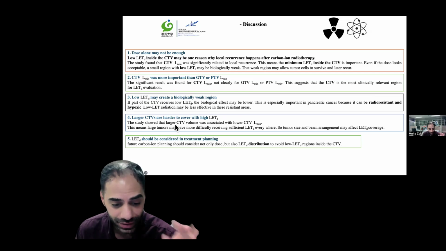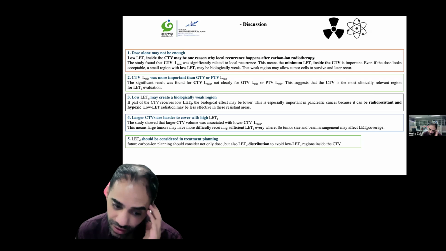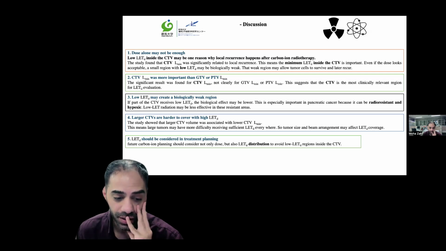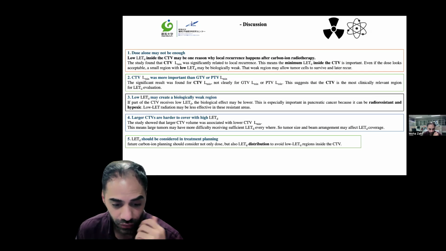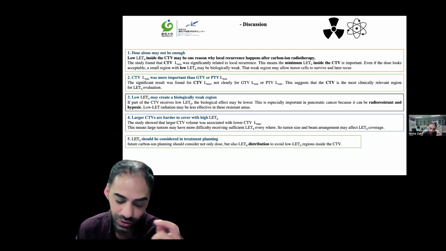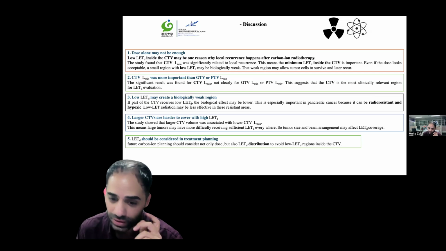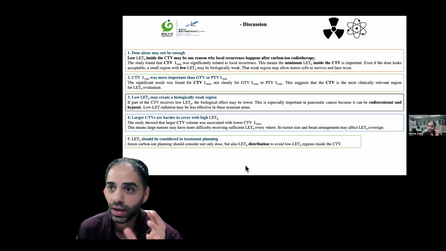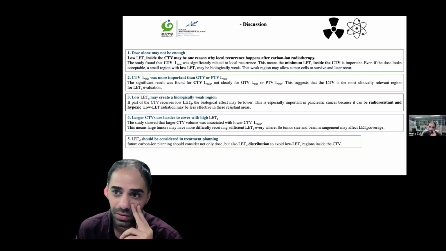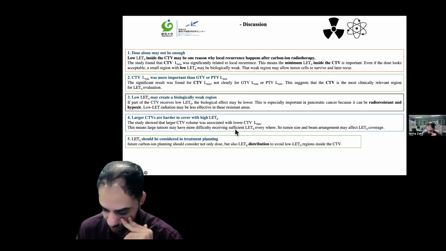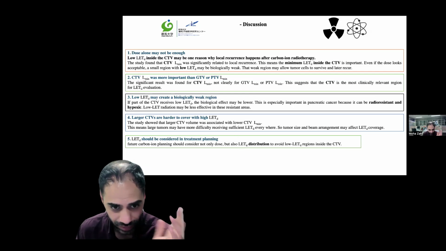Finally, this study suggests that dose average LET should be considered in treatment planning in the future, and the future of carbon ion therapy might need to evaluate not only the dose distribution, but also the dose average LET distribution, as it plays an important part in RBE. It can affect overall treatment outcome.